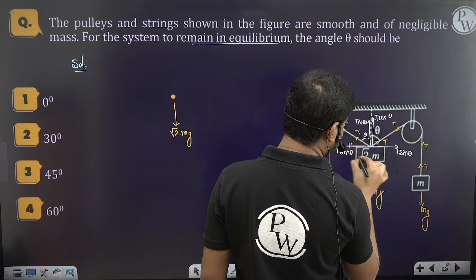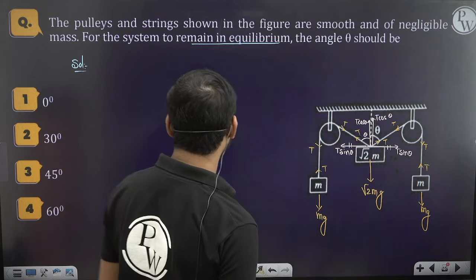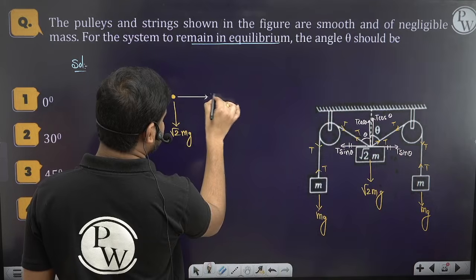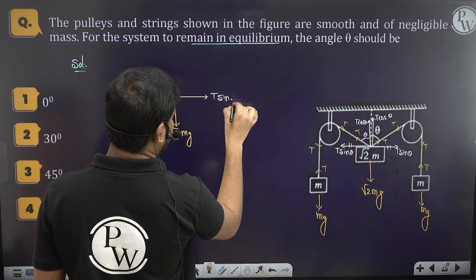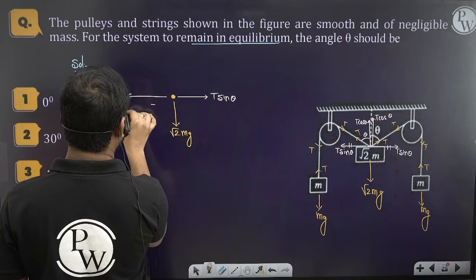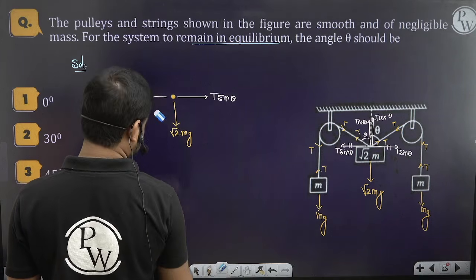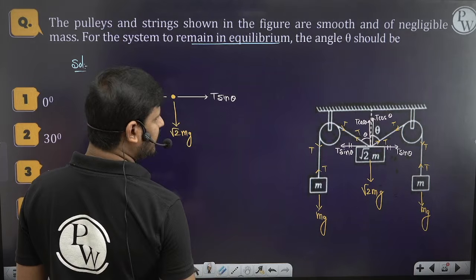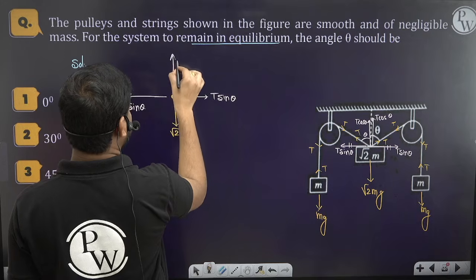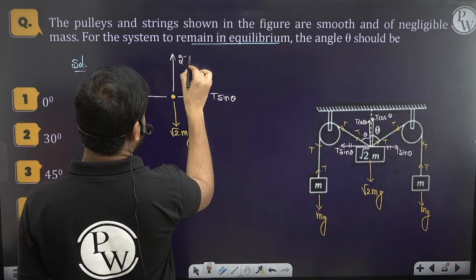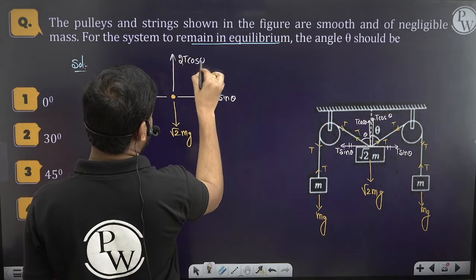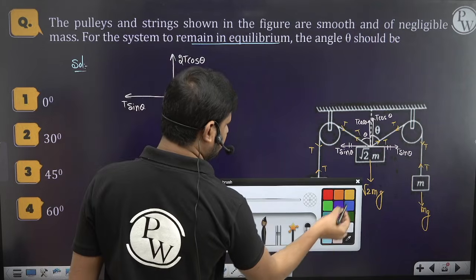So this T sin theta and this T sin theta get cancelled. They both get cancelled. And then this is root 2 mg, and upside it's going to be 2T cos theta.